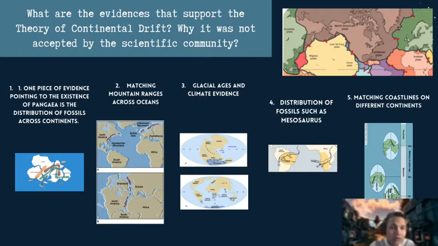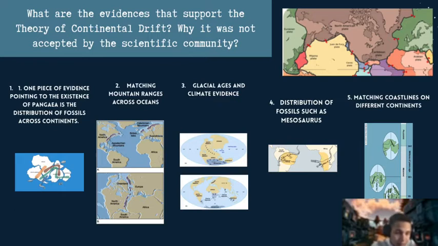For the first one, the evidence pointing to the existence of Pangaea is the distribution of fossils across the continents. As we can see in this picture, this shows the ancient time, which is Pangaea. So we can understand that the fossils of ancient animals can be found in different continents.